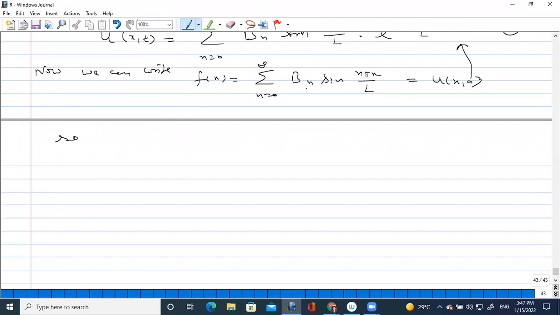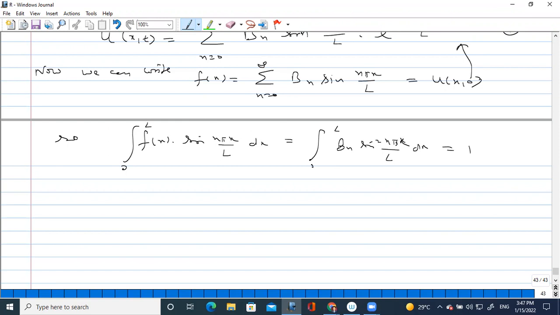So what you can do: integrate f(x) sin(n pi x by L) dx. That will be equal to the integral from 0 to L of Bn sin square(n pi x by L) dx.